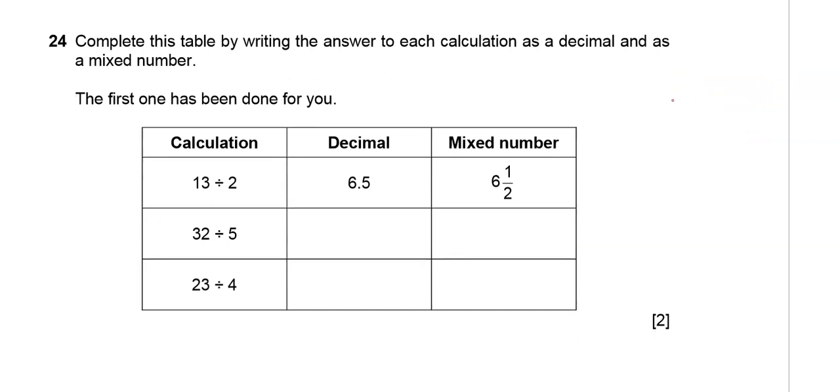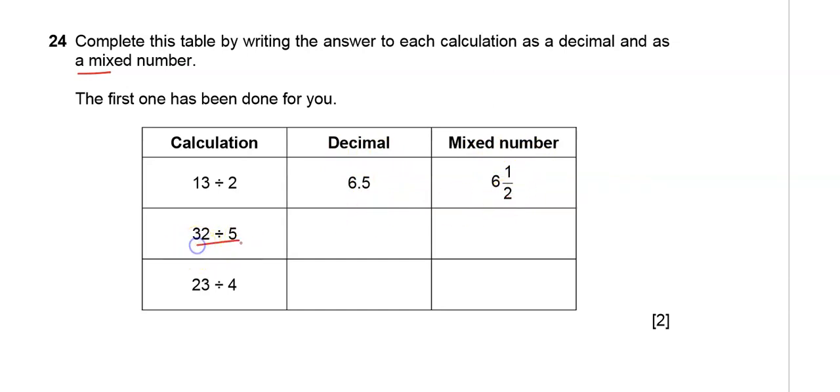Question 24. Complete this table by writing the answer to each calculation as a decimal and a mixed number. The first one has been done for you. 13 divided by 2 is 6.5 as a decimal, and as a mixed number is 6 and a half.